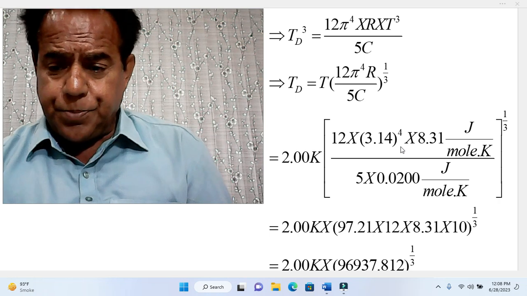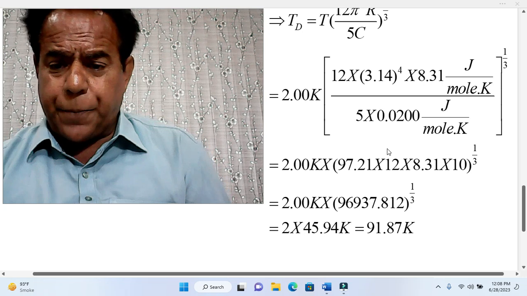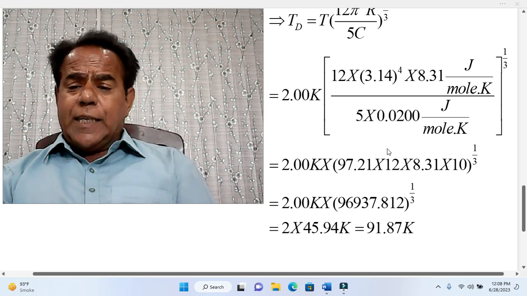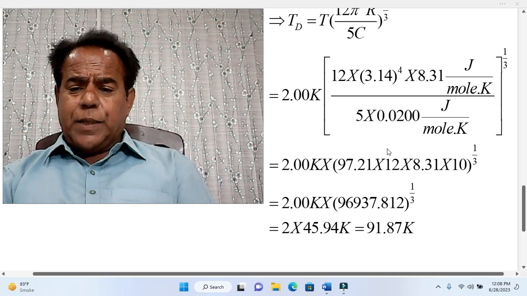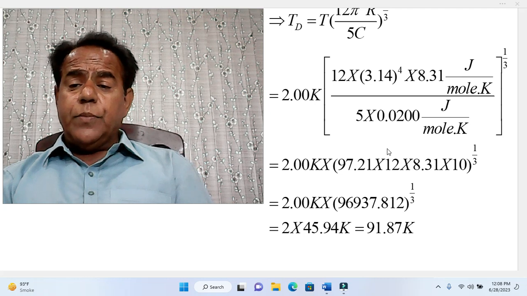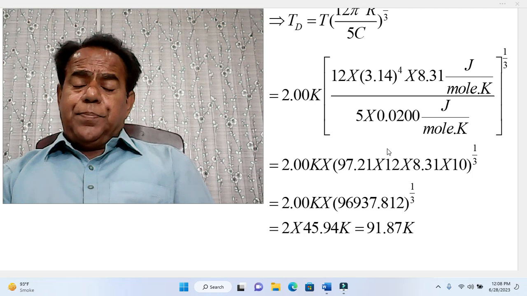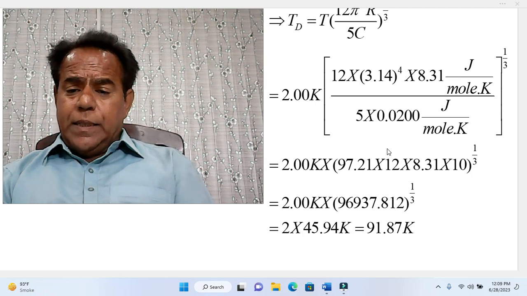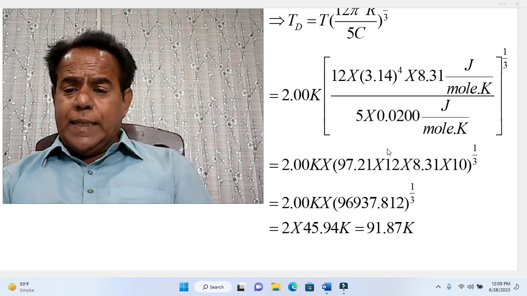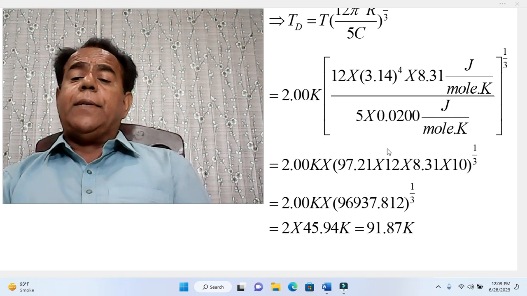In the next step, nothing, just simplification. Simplifying the expression, the whole data within the cube root becomes finally equal to 96937.812.